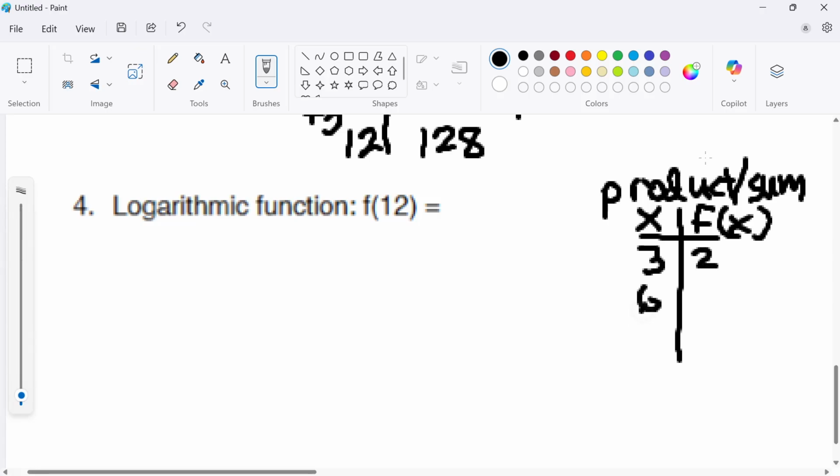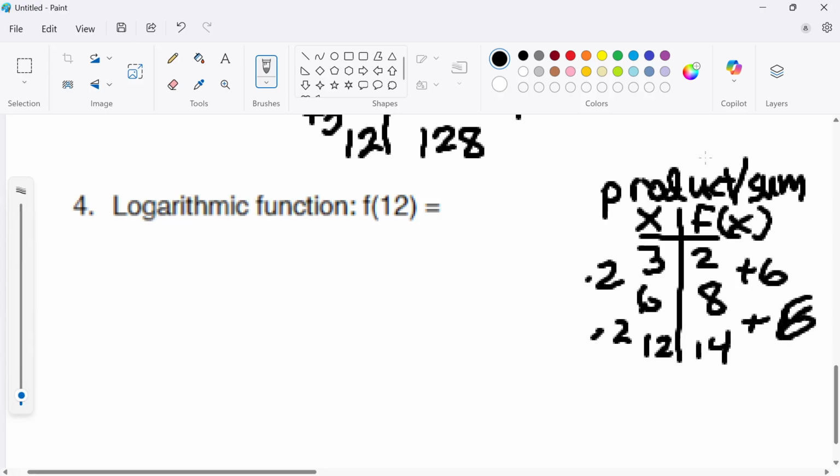When x is 6, f of x is 8. And product, 3 times 2 is 6. 2 plus 6 is 8. So 6 times 2 is 12. 8 plus 6 is 14. So f of 12 equals 14 for the logarithmic function.